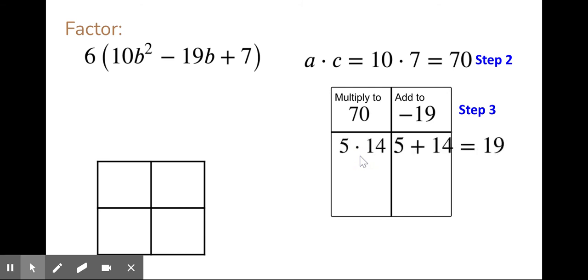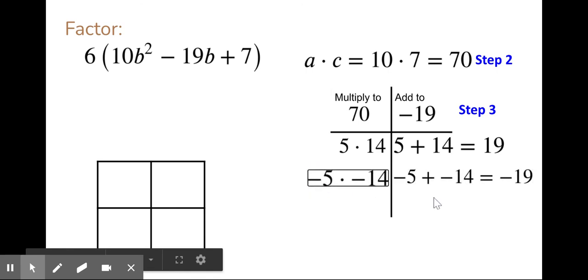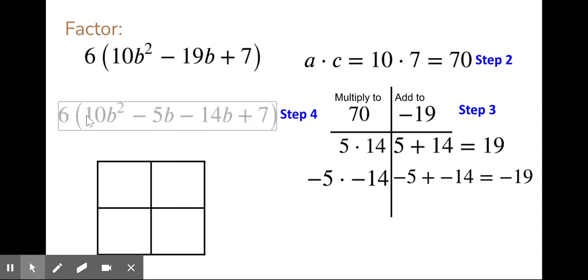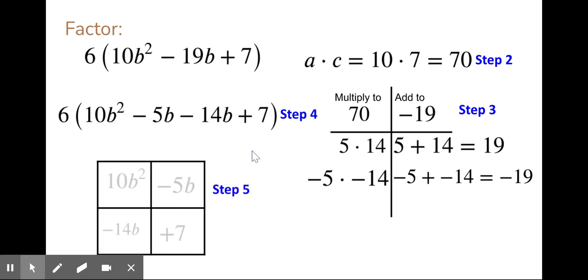Well, I found 5 and 14 multiply to 70, and 5 plus 14 equals 19. But what we want is negative 19, so I'm going to make them negative. Then I'm going to rewrite it as 10b minus 5b minus 14b plus 7 and put it in our box.